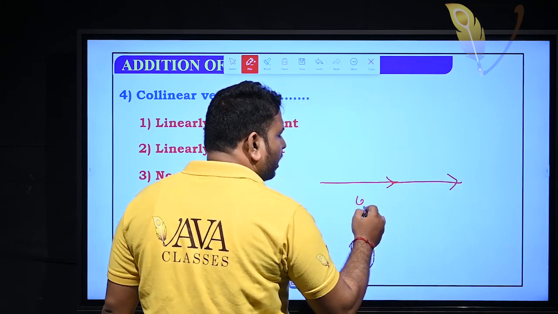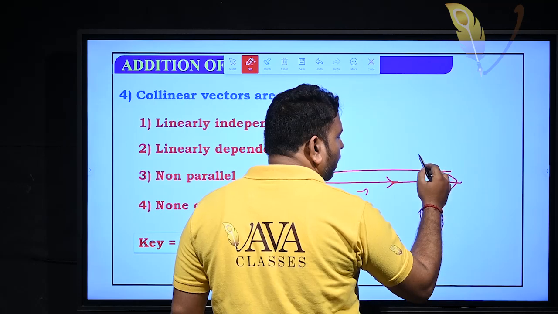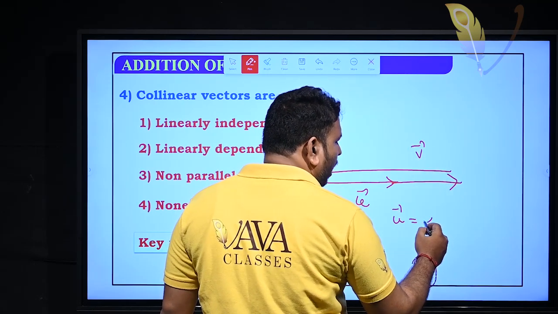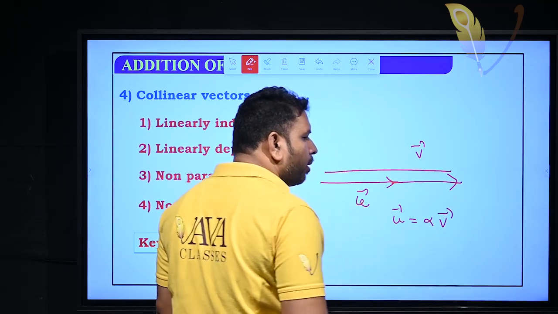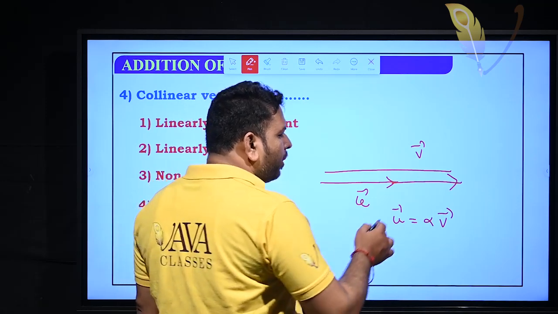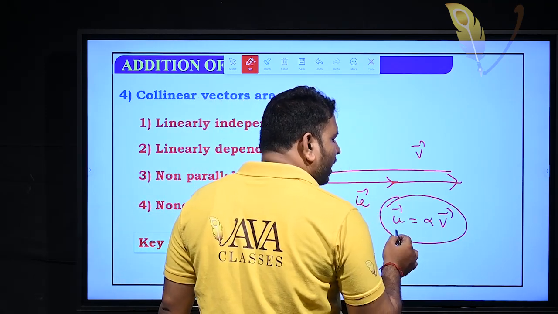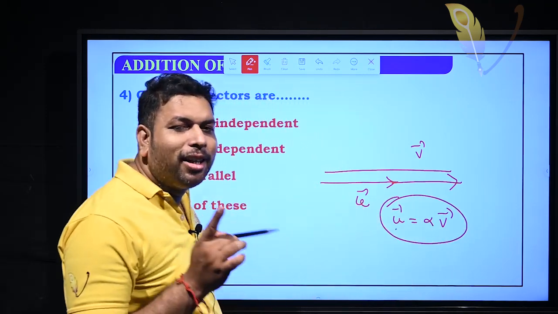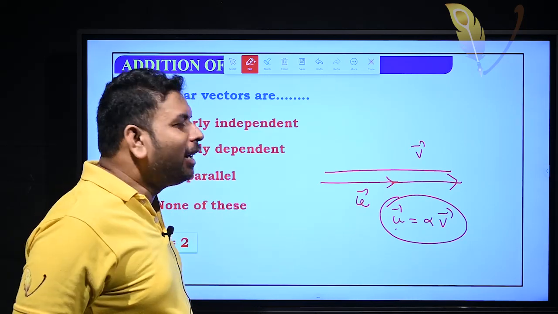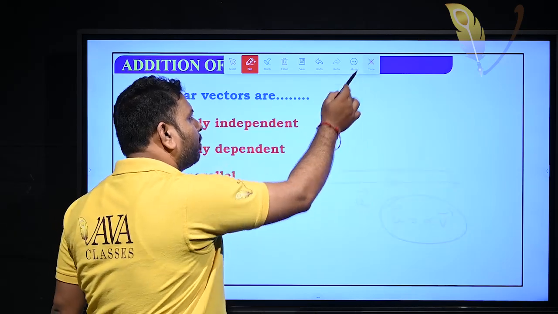Suppose this is the u vector and this one is the v vector. So u equals some constant multiple of v, or v equals some constant multiple of u. If this happens, one depends on the other, so they are linearly dependent vectors. If the vectors lie in one line, then they are linearly dependent.